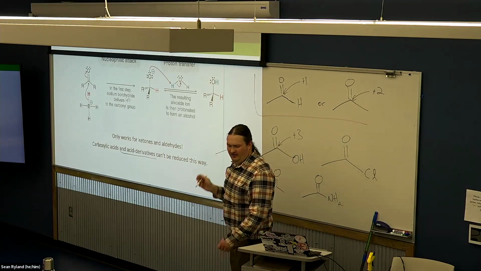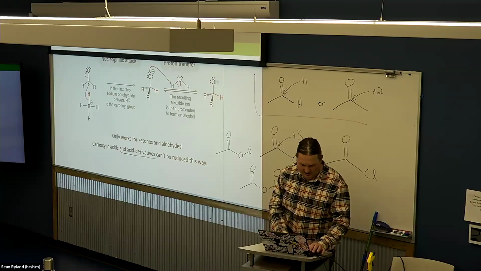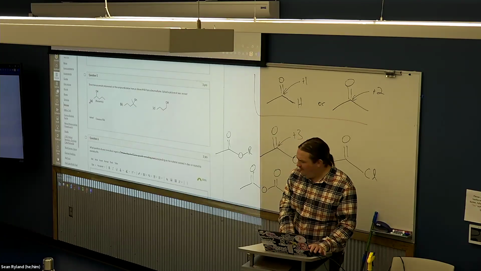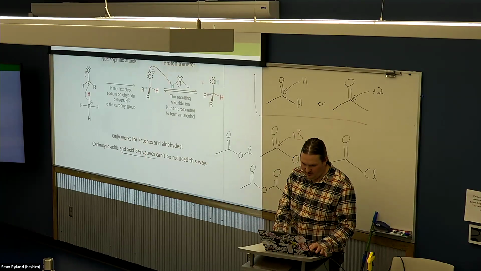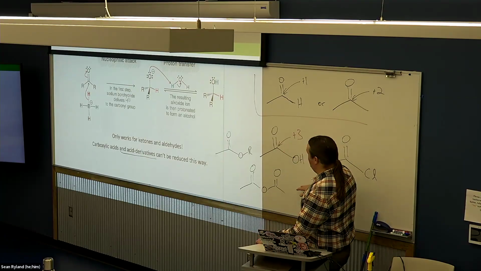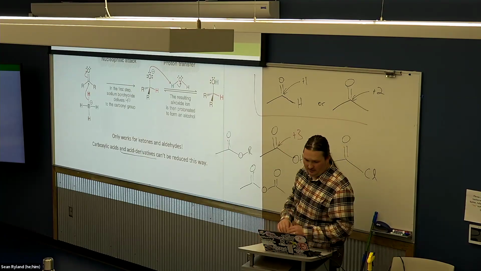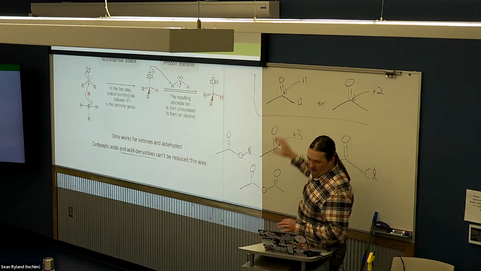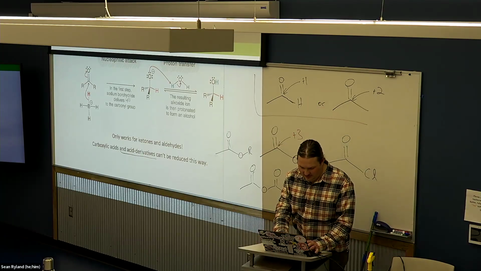And they have a class. Let me just look this up because I feel like I always say it wrong and I don't want to say it the wrong way to you. No, these ones down here are the acid derivatives. The ones at the top are aldehydes and ketones.